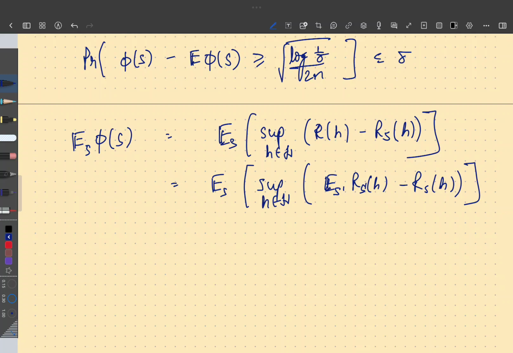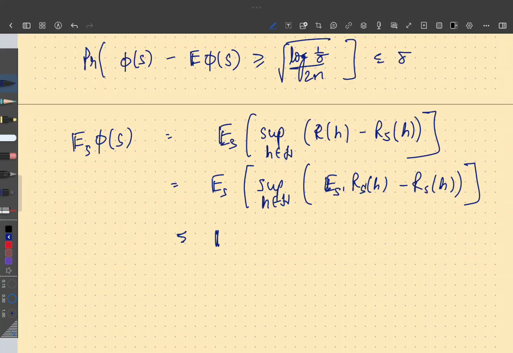Even if we replace s prime with s, the second line will be equal. It is, but then the notation becomes messy, and in particular I'm separating out the s prime from s because next I'm going to take the s prime outside the supremum.